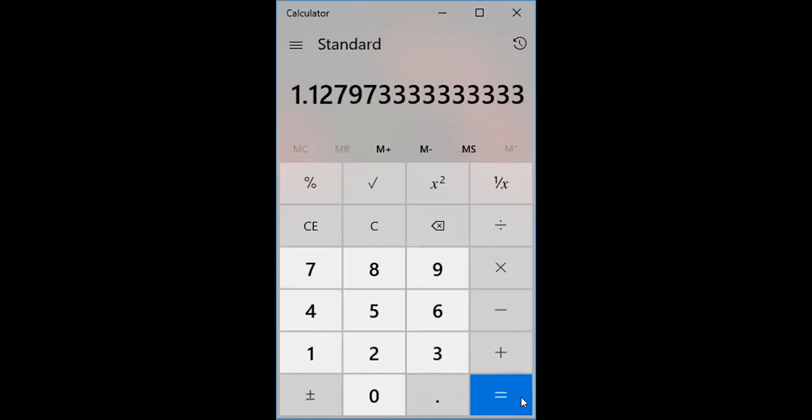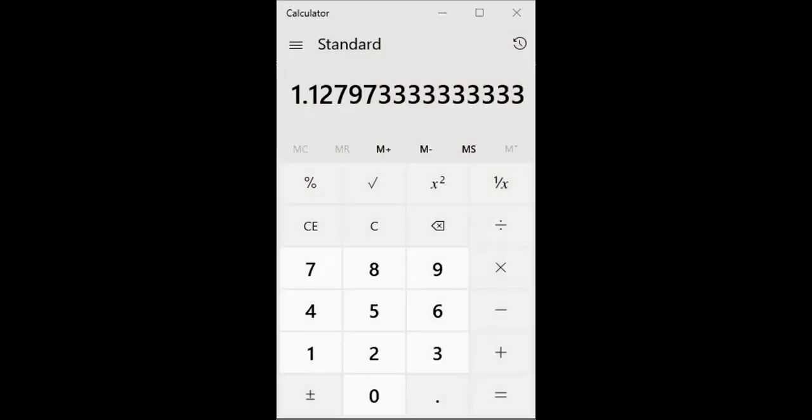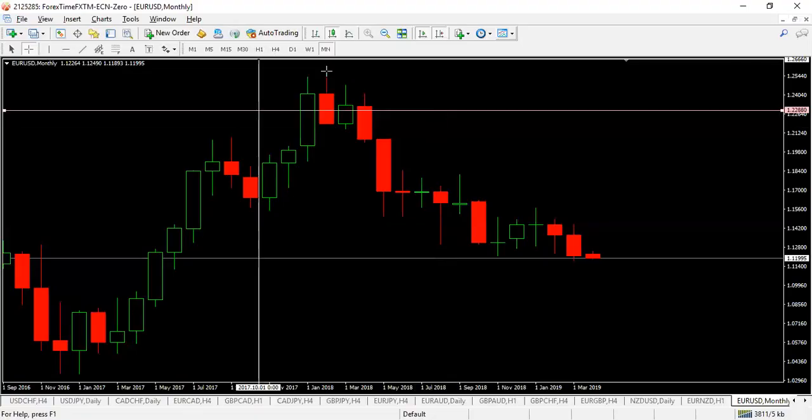Okay, this is approximately 1.12797. Let's go with 1.1279 and cut off the other ones. So back to our horizontal line. I double click to ensure that it's highlighted.